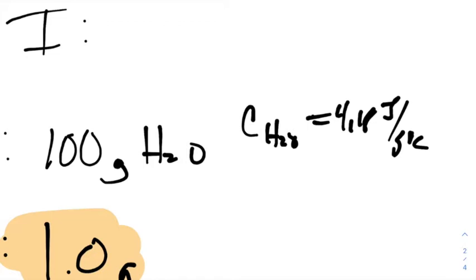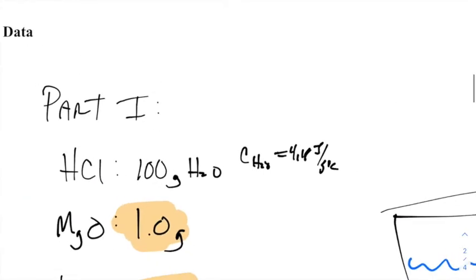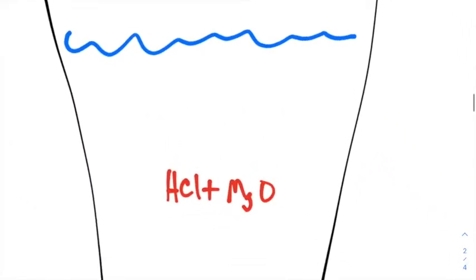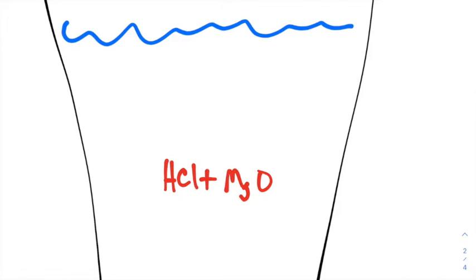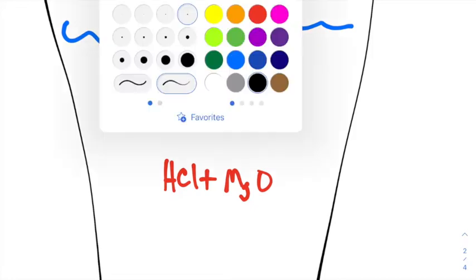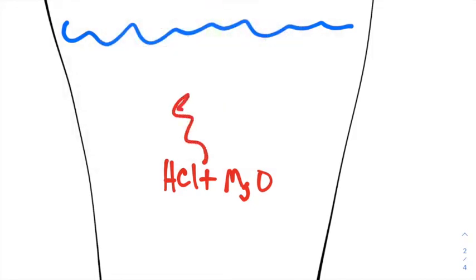That's not quite true, but it's going to be really close to true. So what we've really got here is the hydrochloric acid and the magnesium oxide in this water solution reacting, and this reaction is exothermic and it's going to give off heat to the water.